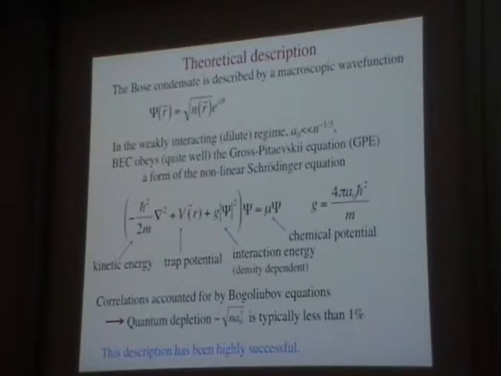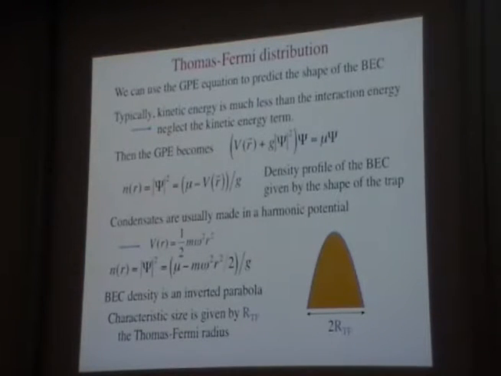Then you just end up with this equation for your Gross-Pitaevskii equation if I neglect the kinetic energy term. You can just invert that and solve for the square of the wave function, or the density. And you find that basically the density profile only depends on the shape of the trap. So the density profile of the BEC is given by the shape of the trap.